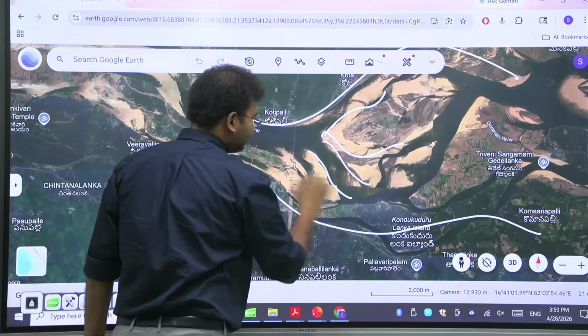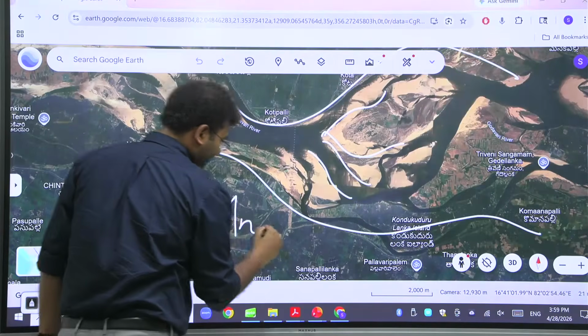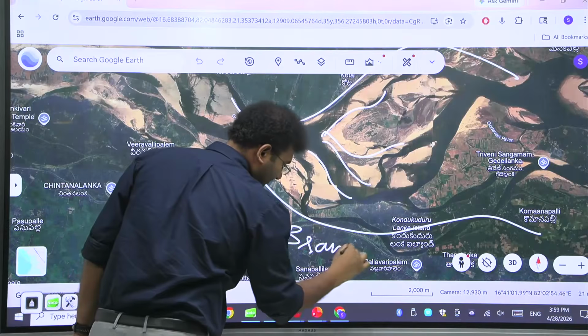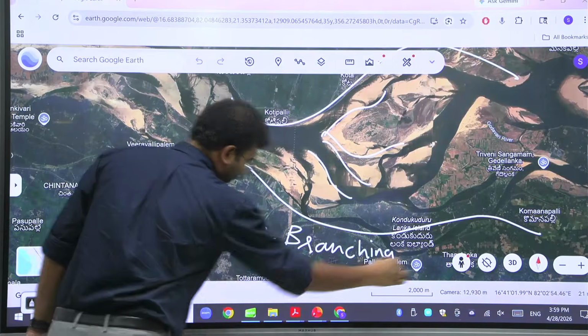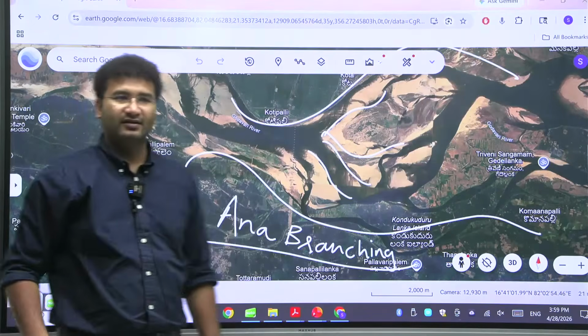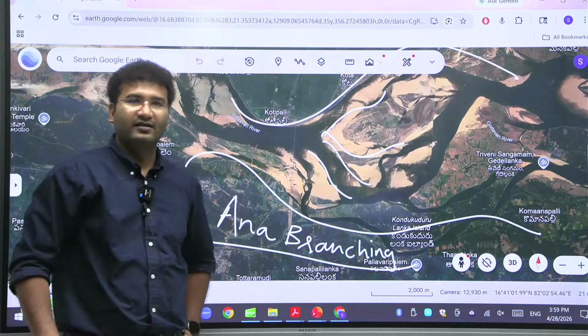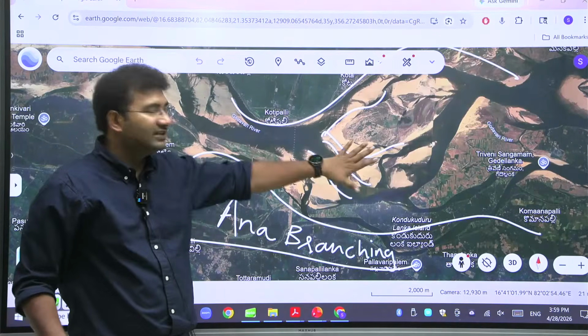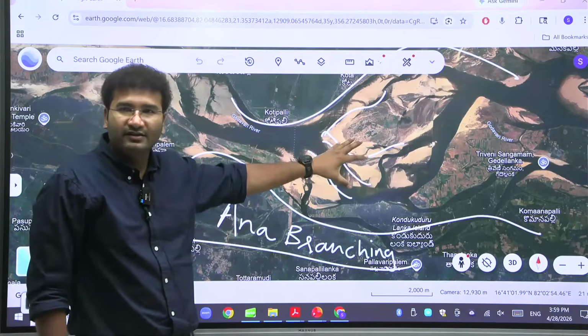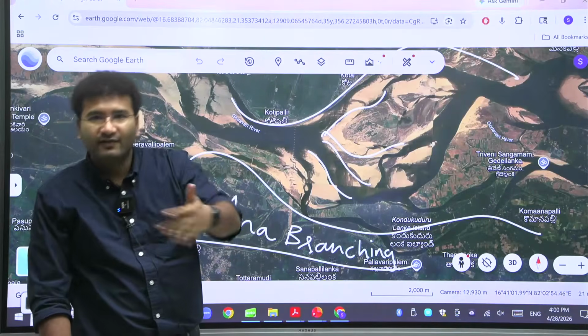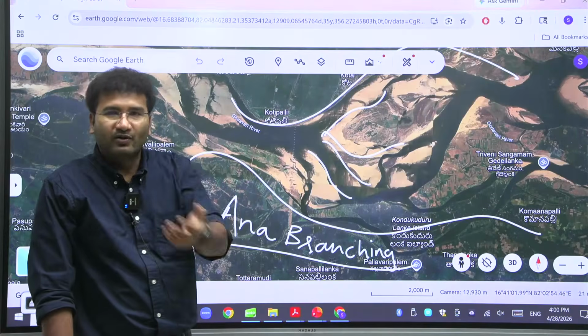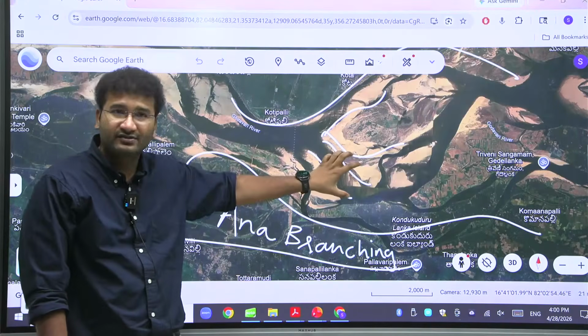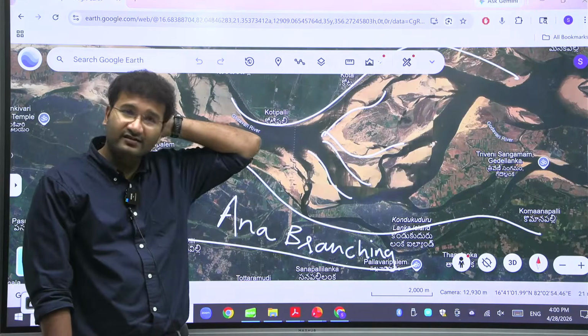So this is called anabranching of rivers, okay? Anabranching. That is, one single river depositing its sand, its material, and then making waves move out that sand. So this is deposition. But on the other side, erosion.